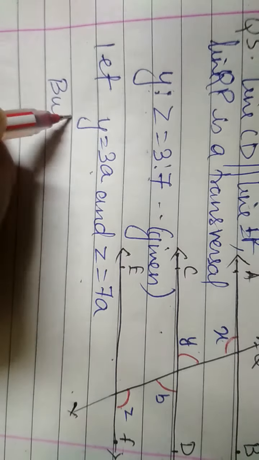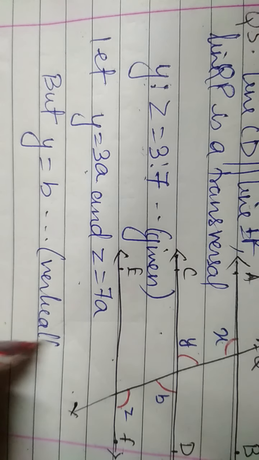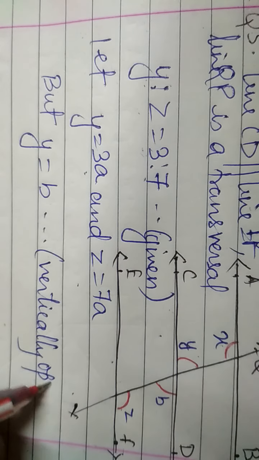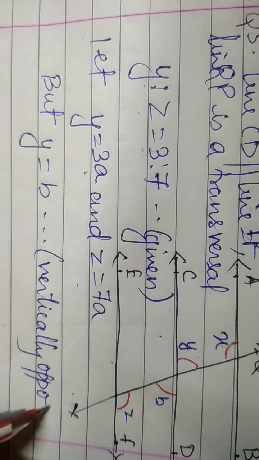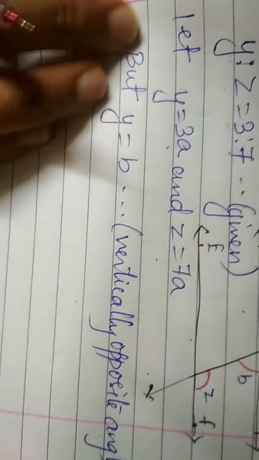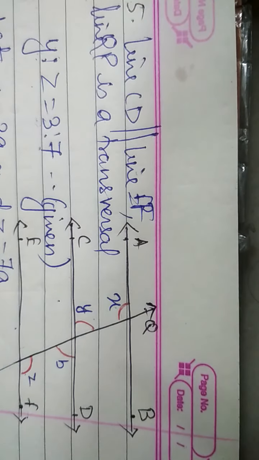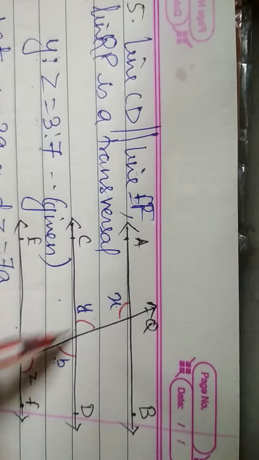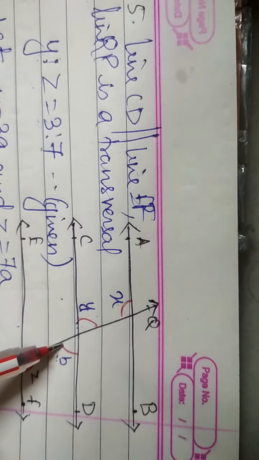So next what we will write? But Y equals B, because it's a vertically opposite angle. From the diagram you can see B and Y are vertically opposite angles.